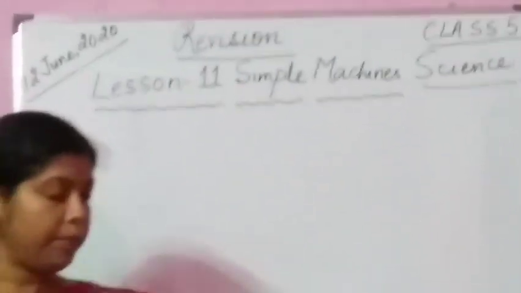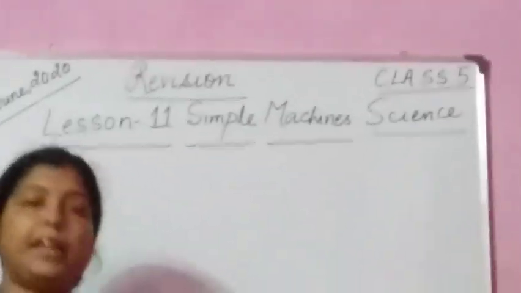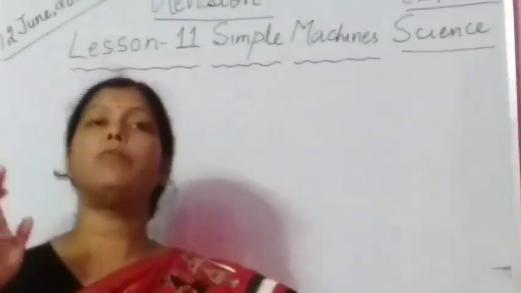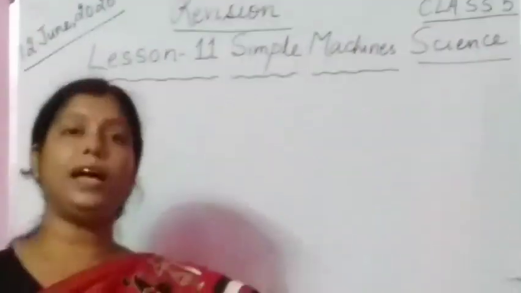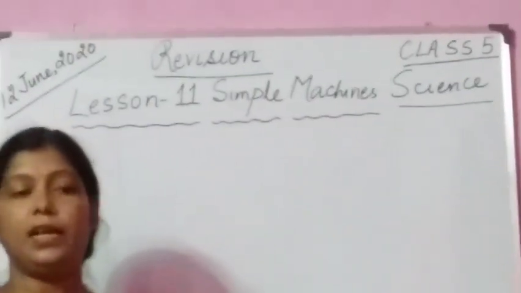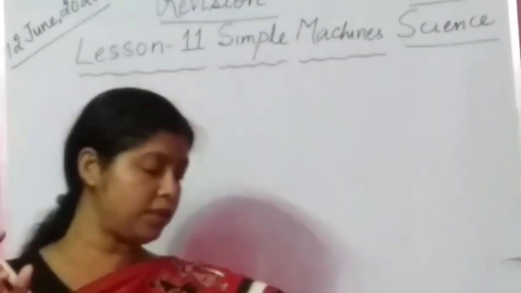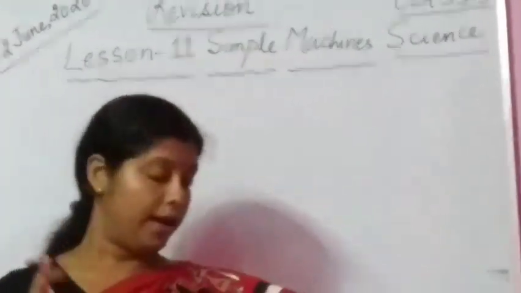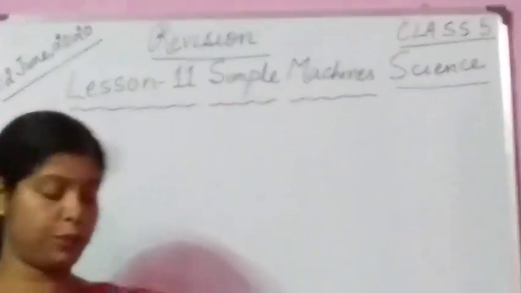Question number 13. In movable pulleys, the pulley does not move with the load. This statement is false because in movable pulleys, the pulley moves with the load. Question number 14. Wells and flagpoles are examples of movable pulleys. This statement is false because wells and flagpoles are examples of fixed pulleys.